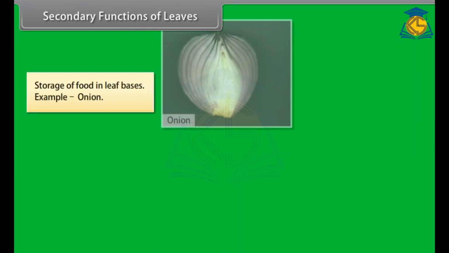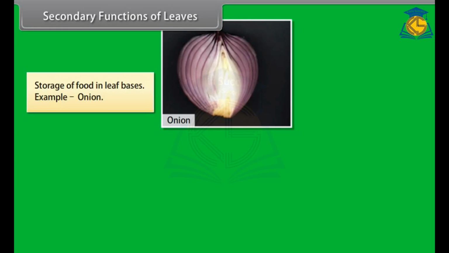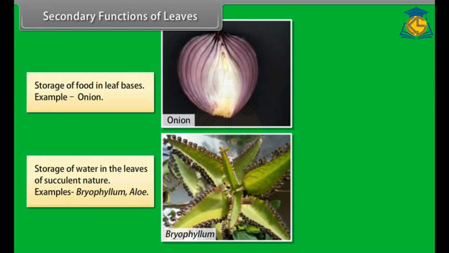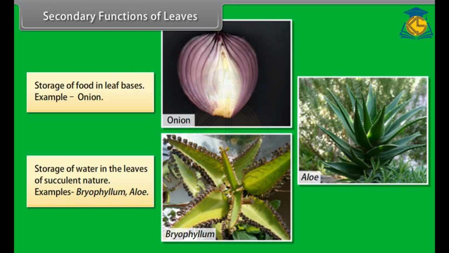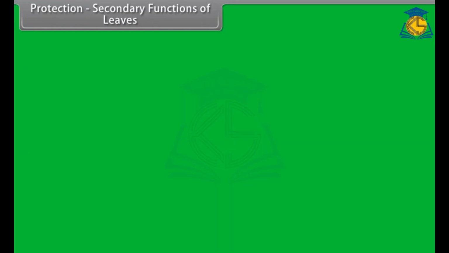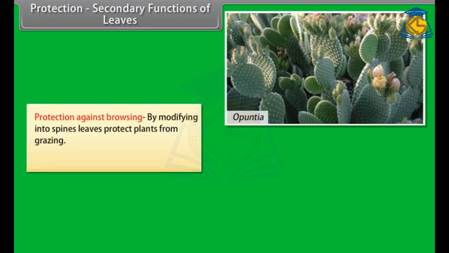Secondary functions of leaves. The storage of food in leaf bases. Example: onion. The storage of water in the leaves of succulent nature. Example: Bryophyllum, aloe. Protection. Protection against browsing. By modifying into spines, leaves protect plants from grazing.